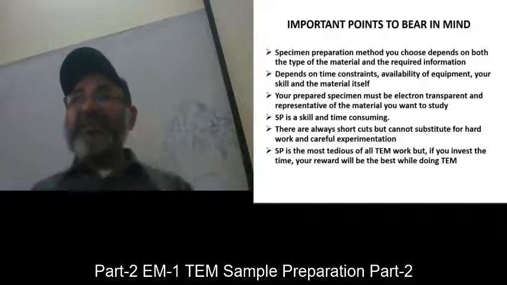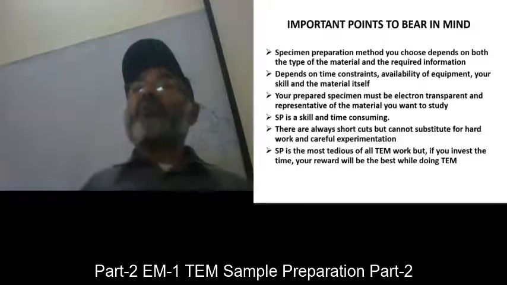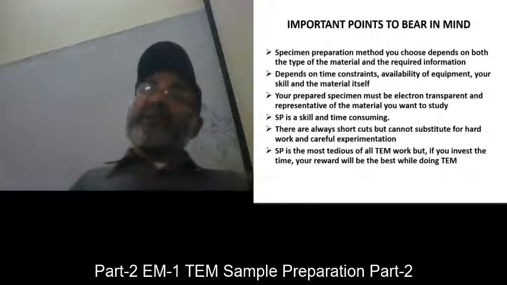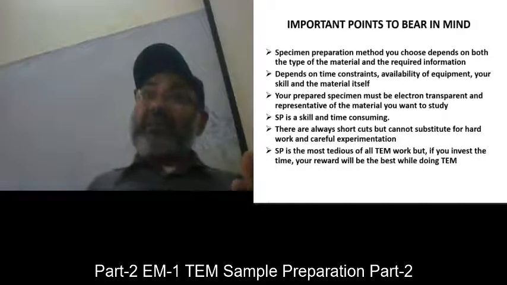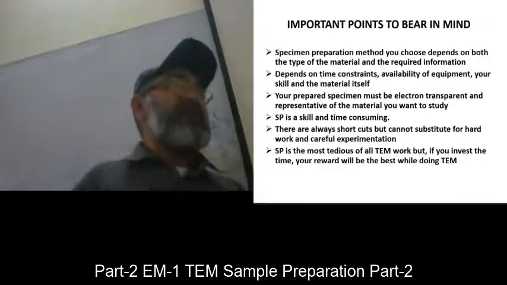If the sample preparation is there, then go to the books and find out what sort of sample preparation is needed for that particular case, and how you select the sample, which will be the most reliable way of selecting a sample.